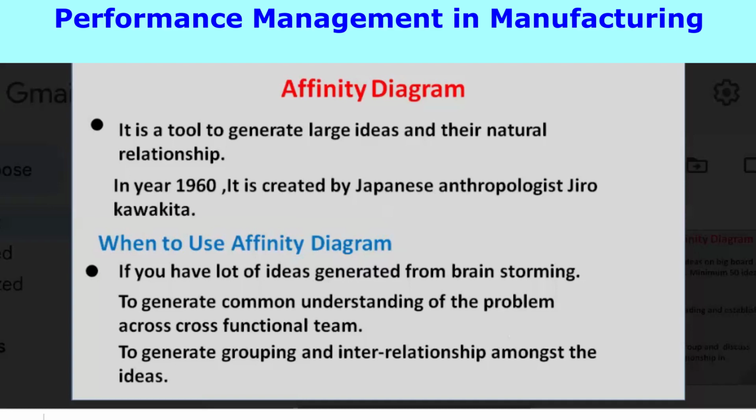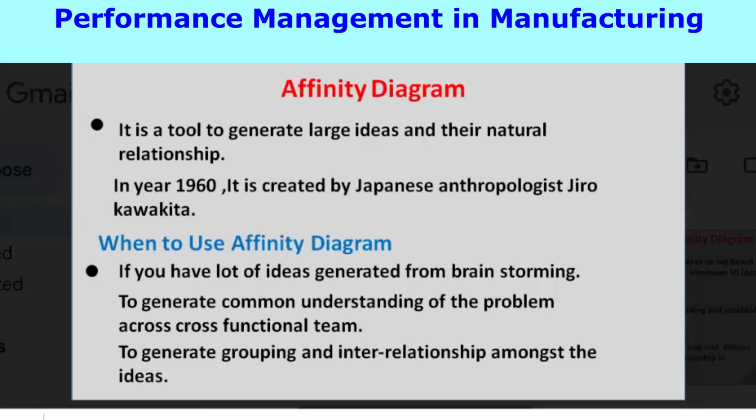Then cycle time reduction is another case which we can also treat as a problem. So these are the different problems. If your problem requires less than 10 or less than 20 ideas, then you can go for the cause-effect diagram. But if the idea requirement is more than 50, then you can go directly to the affinity diagram.